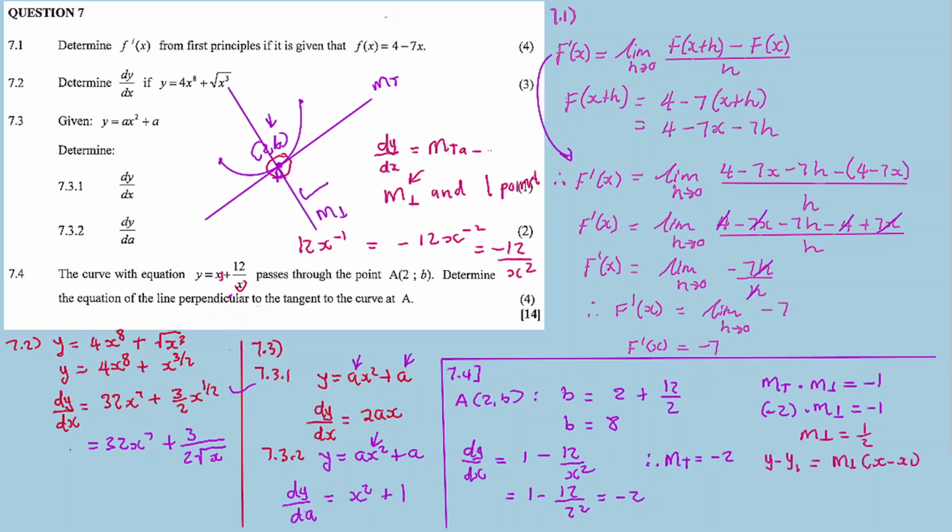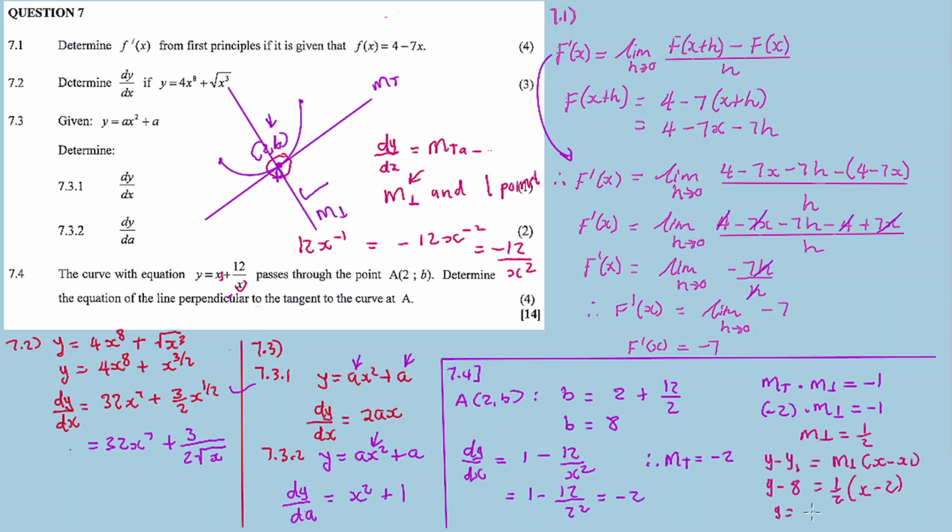Then we go on to find the equation of the perpendicular line. y minus y1, the y coordinate of A, which is 8, equal to the perpendicular line gradient, 1 over 2, times x minus x1, which is 2.